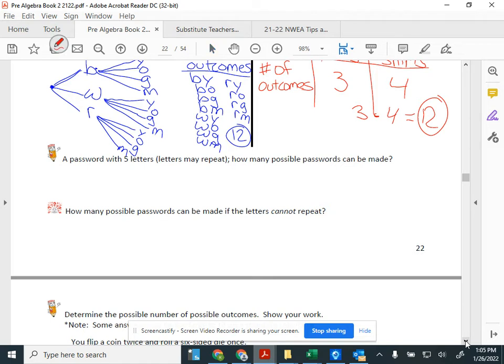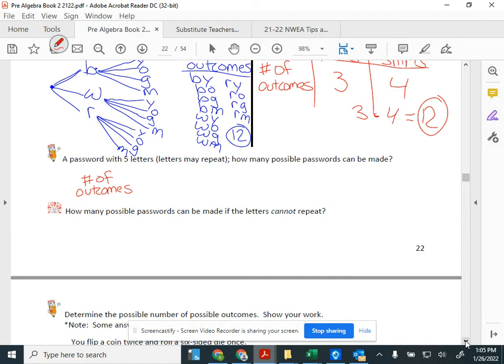So, what am I going to start with? What am I going to write? Cole? Number of outcomes. Because we just saw how much easier it is to do the counting principle, and it's not asking for the actual password combinations. It's just asking for how many.